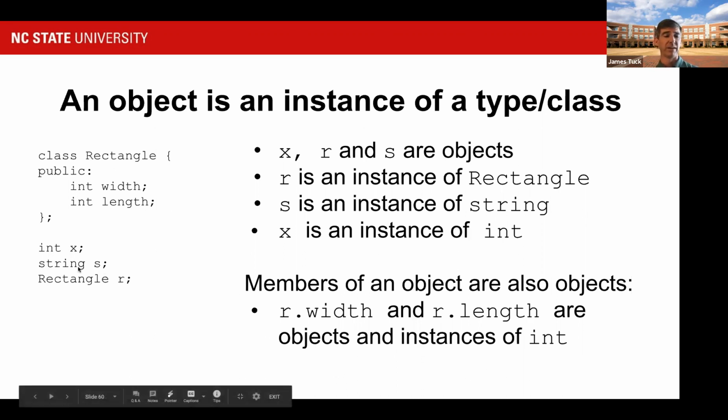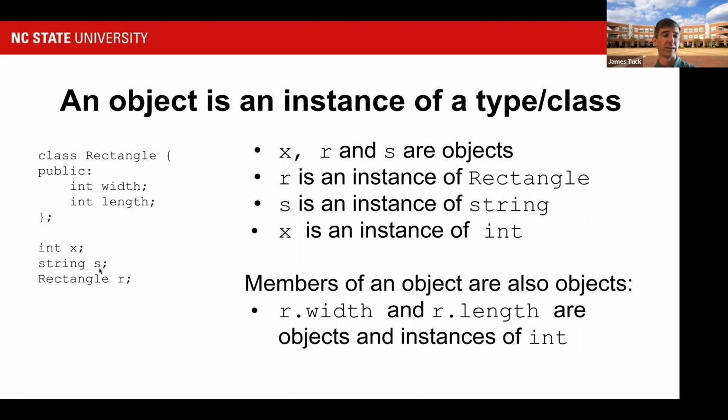Now, S is a string, and so when I say string S, then I would say S is an instance of string and S is an object. And X is an instance of int. Now, in the most strict sense, maybe you wouldn't think of X as an object because it's a primitive type. But technically, X takes up memory, and so by definition, you might still call X an object. It kind of depends on how liberal you want to be with that term.